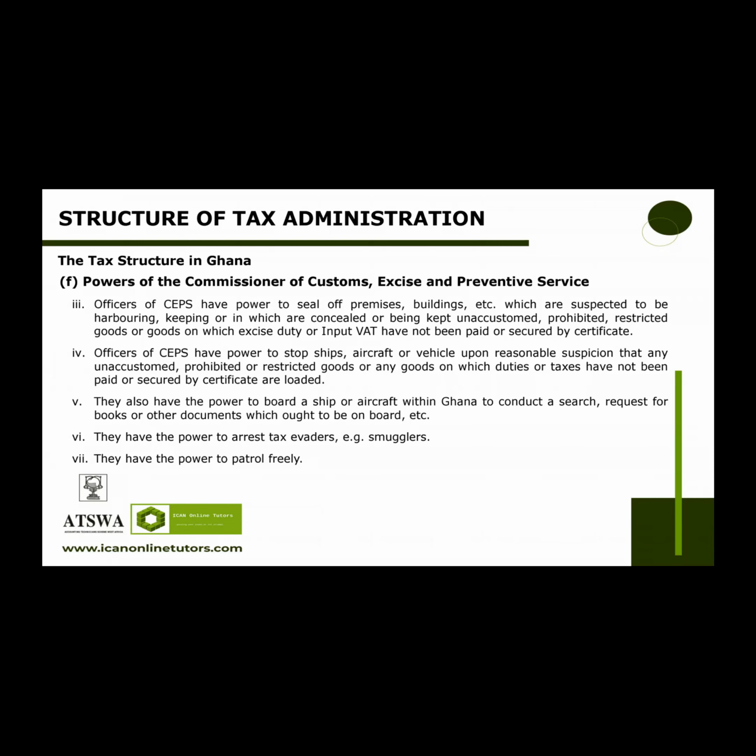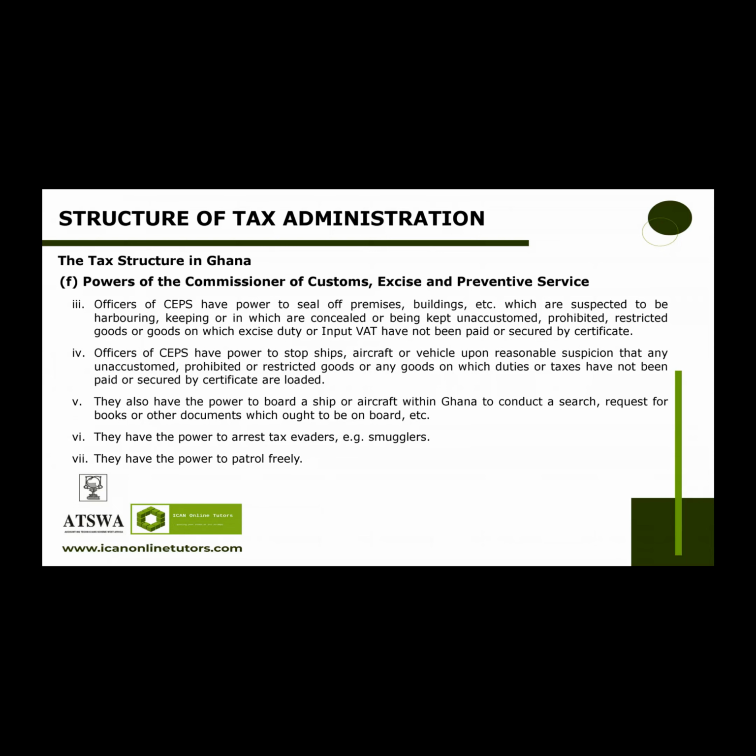Also, they have the power to arrest tax evaders and smugglers. They have the power to patrol freely. Other powers include the power to examine stock to ensure that the requisite and adequate duties and taxes thereon have been paid.